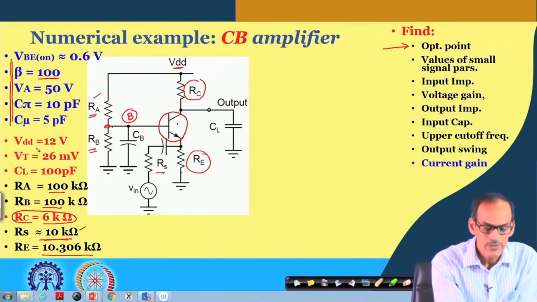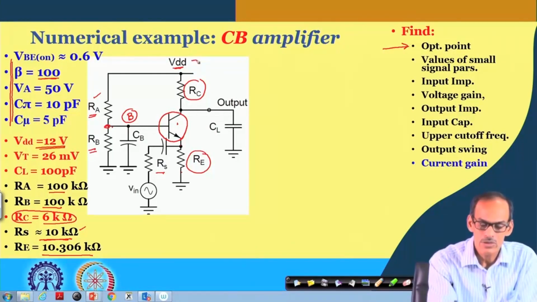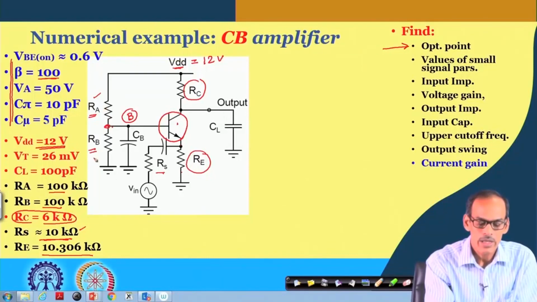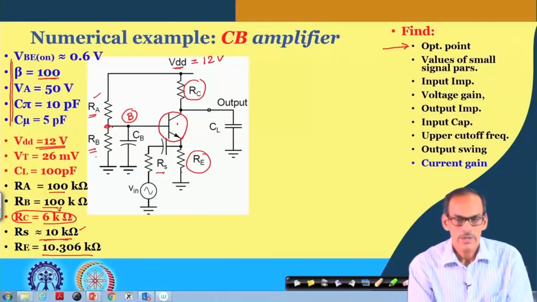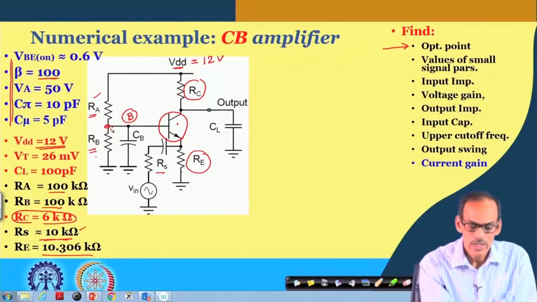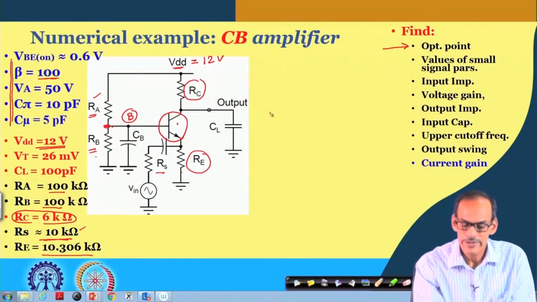Now, in this case VDD also I have changed. Instead of 10 volt it is 12 volt, and R A and R B are both 100 K. So, we can say the voltage source coming to the base is actually 6 volt.